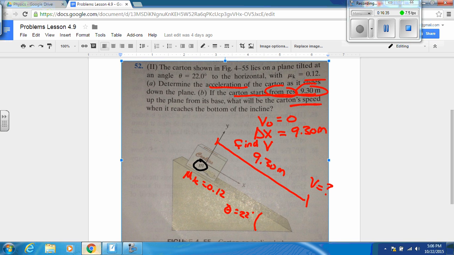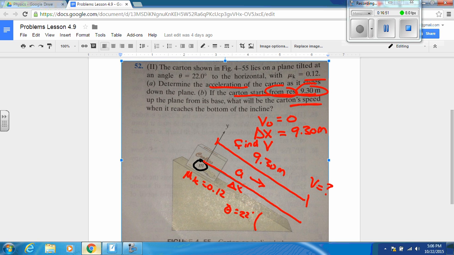What might bother us, though, is that this equation we use for motion along a line. And so is that really appropriate here? Well, actually it is, because this carton is moving along this line right here.